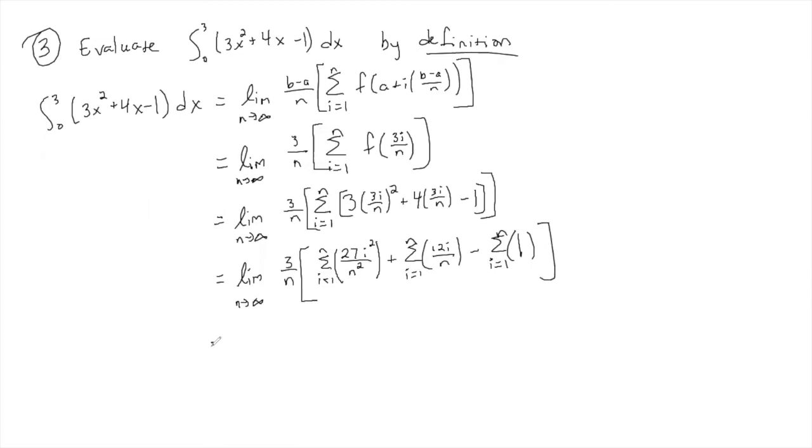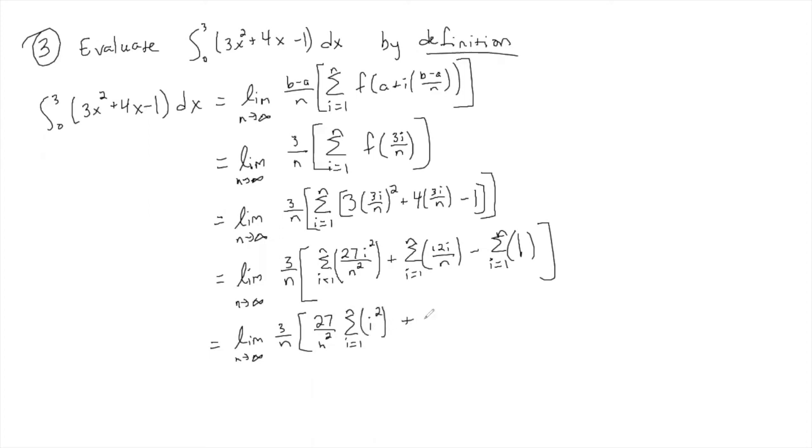All right. So now let's pull out anything that doesn't have to involve i in these things. So still my 3 over n on the outside. Pull out my 27 over n squared times the sum i equals 1 to n of i squared.